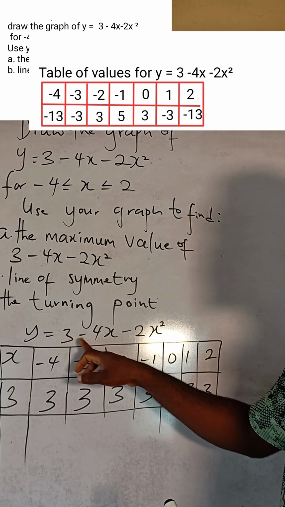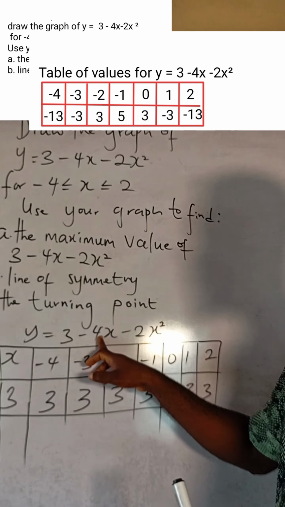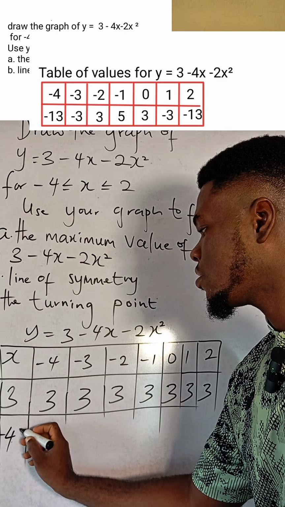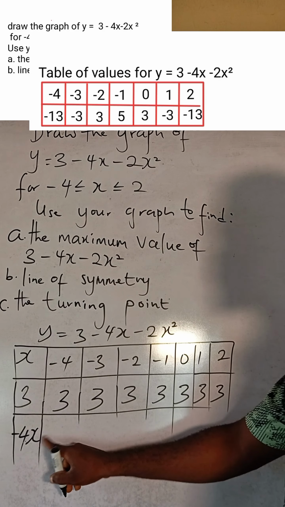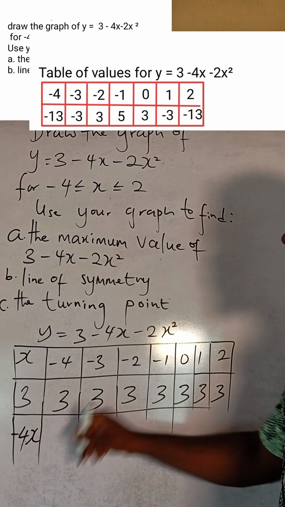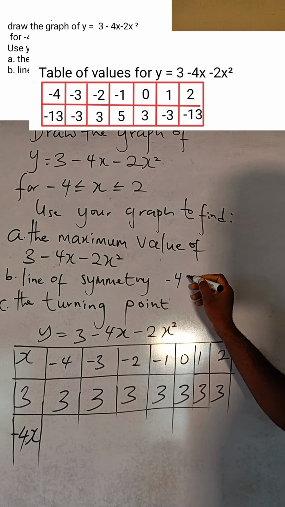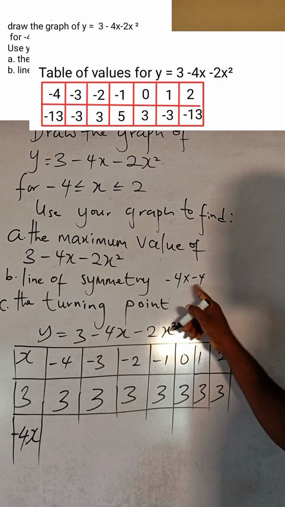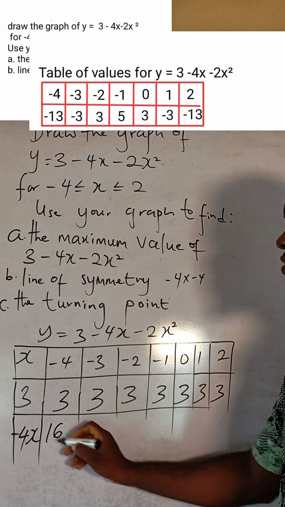Now, after this 3, the next value on the right-hand side is -4x. For here, our x is -4. So that means -4x becomes -4 times -4. Minus times minus is plus. 4 times 4 is 16. That means here becomes 16.